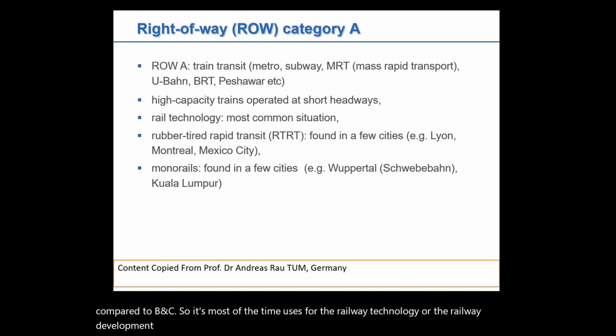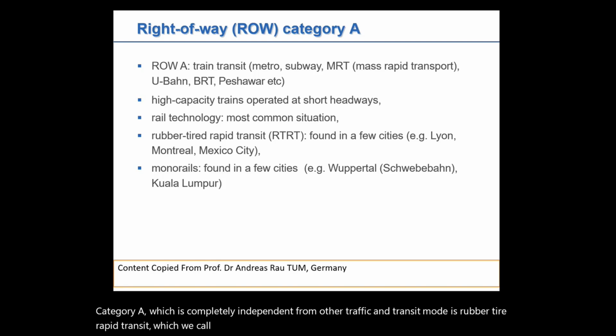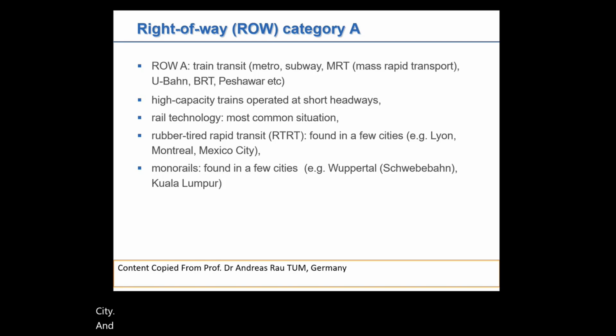The best example of right of way category A, which is completely independent from other traffic and transit modes, is rubber tire rapid transit, which we call RTRT, which you can see in Lyon, Montreal, Canada, and Mexico City. Okay, and nowadays it can be found in Kuala Lumpur as well.